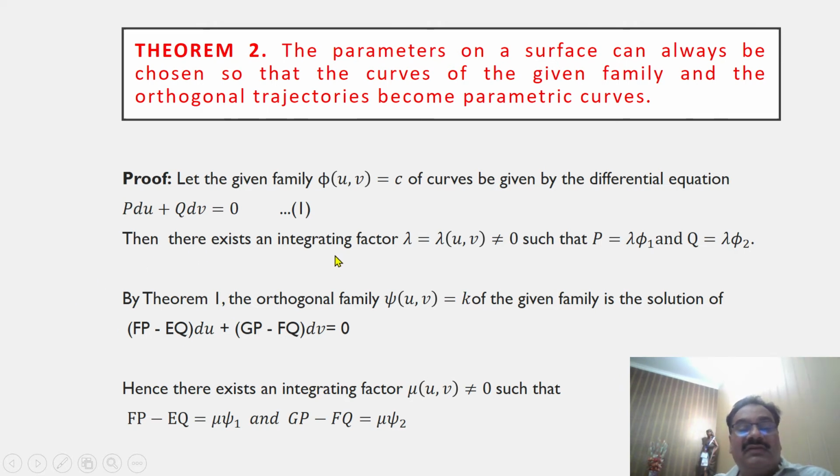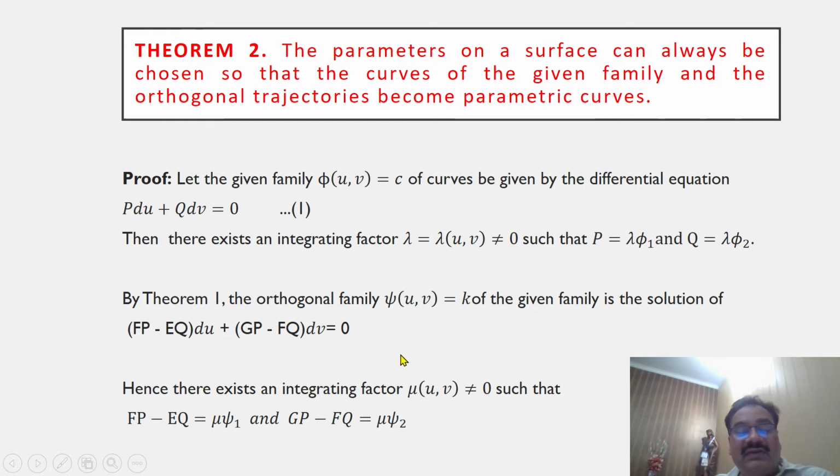Then there exists a non-zero integrating factor lambda such that P = lambda phi1 and Q = lambda phi2. By theorem 1, the orthogonal family xi(u,v) = k of the given family is the solution of (FP - EQ) du + (GP - FQ) dv = 0.